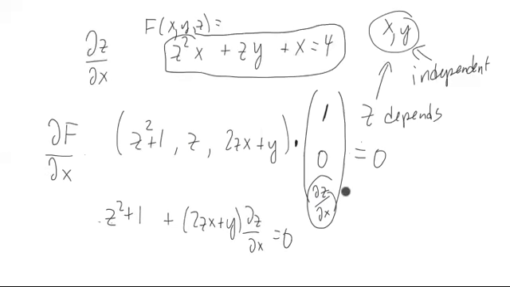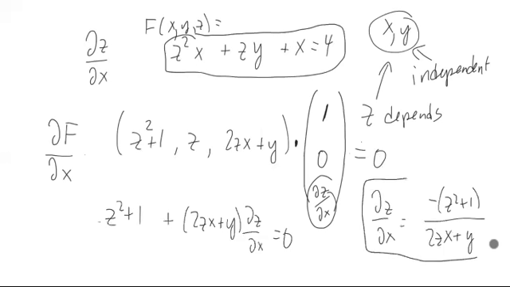Solving for partial z partial x, we get negative quantity z squared plus 1 all over 2zx plus y. We have just solved for partial z partial x. In particular, if x changes by a certain amount, this gives us the ratio for how much z will change. Let's figure out what that would be right at the point 1, 1, 1.